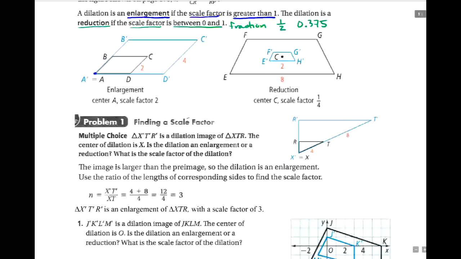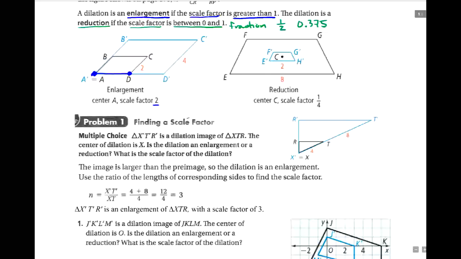So let's look at these examples here. We have center at A of figure ABCD, and we want to enlarge it. Our scale factor is 2. What that tells us is that if we measure the length of, say, AD, let's start here, A is on the center, so A maps to itself, becomes A prime. But let's look at point D now.